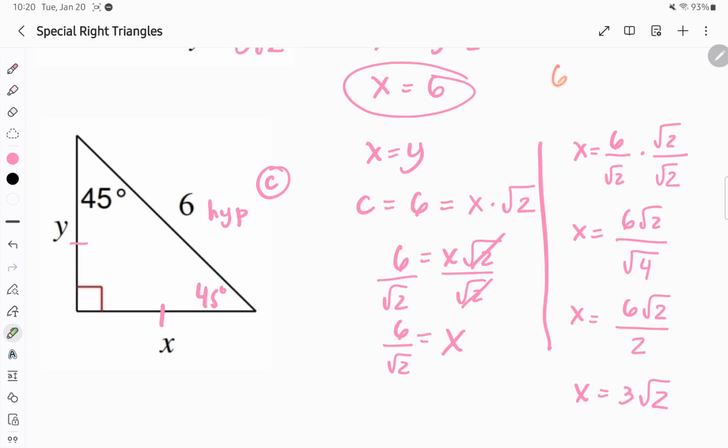So, kung meron kang variable 6x divided by 2, that is 3x. So, yung x na yon, yun yung nire-represent natin as square root of 2. Now, if x is 3 square root of 2, since congruent yung mga legs, ito rin ay 3 square root of 2.